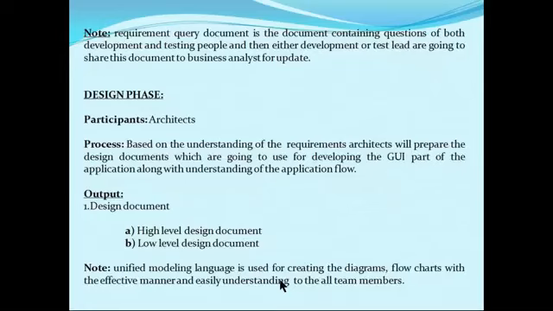Finally, the outputs are the high level design document and the low level design document. Here, UML, unified modeling language, is used for creating diagrams and flow charts in an effective manner, easily understood by all team members.